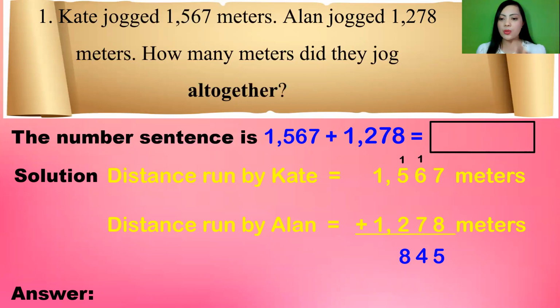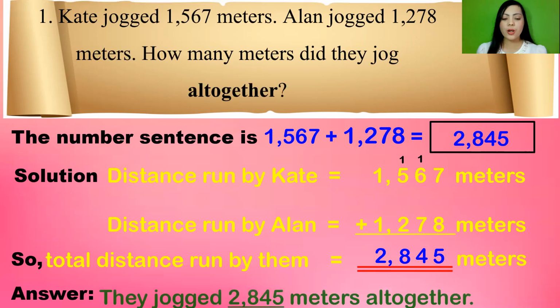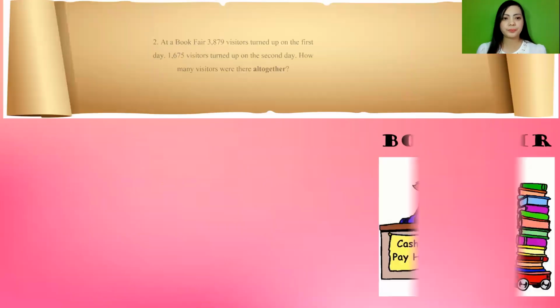And of course, 1 plus 1 in the thousands place is equal to 2. So the answer is, the total distance run by them is 2,845 meters. So, the complete sentence: they jogged 2,845 meters altogether.